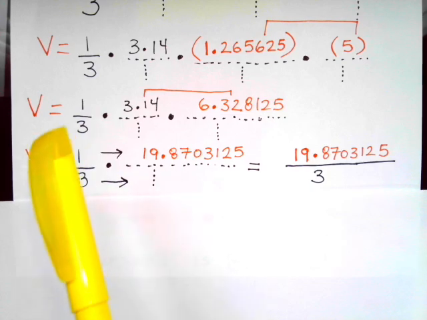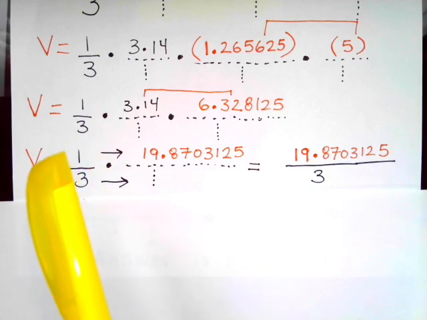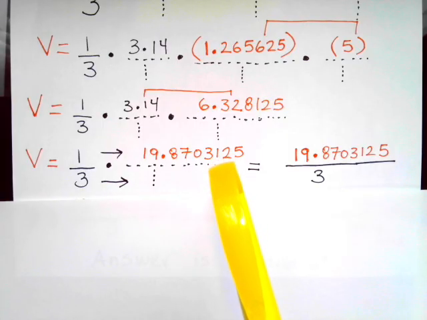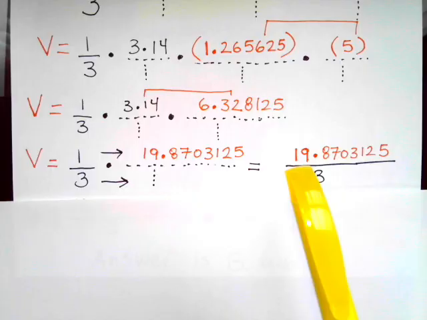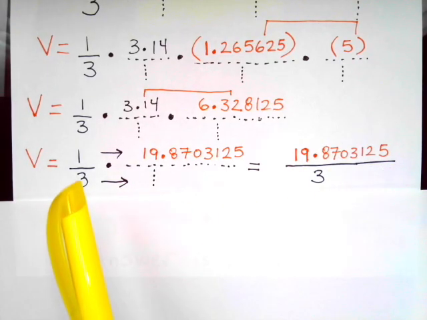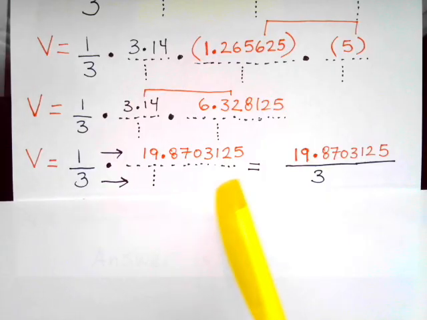Now I'm going to rewrite what I haven't done yet, that 1/3. I'm going to multiply 1 times this value here, which gives you this value here, right? Anything times 1 is itself. 19.87031125. And again, 3 times 1 is 3. All right, so again, I'm showing you the invisible ones because 3 times 1 times 1 is 3.